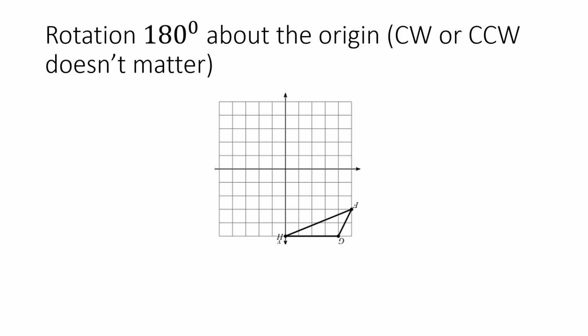When triangle FGH was rotated 180 degrees, the pre-image ends up here in this quadrant. The coordinate for F prime is 5, -3, G prime is 4, -5. H prime is 0, -5.